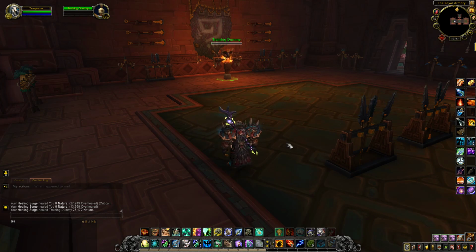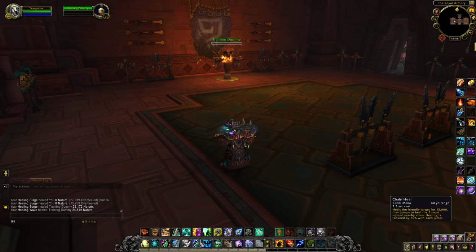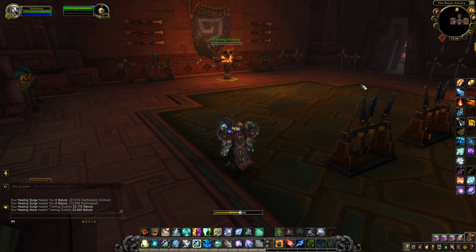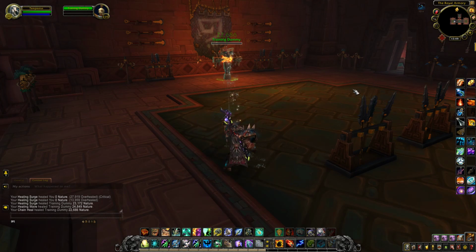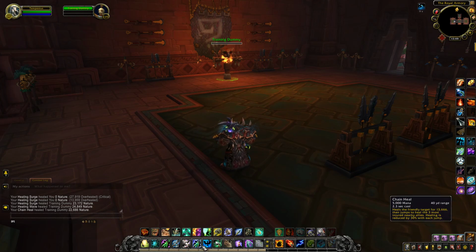The Healing Wave, instead of being 15,000, instead becomes 25,000. The Chain Heal, instead of being 13.6, will become 22.6. So this is a really big difference in healing that it doesn't seem clear will happen, because the tooltip doesn't change.